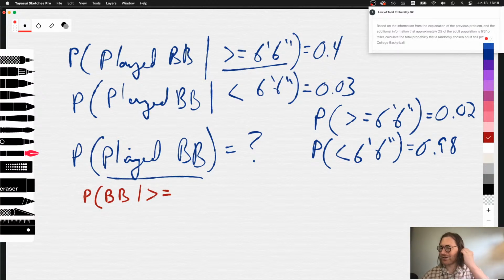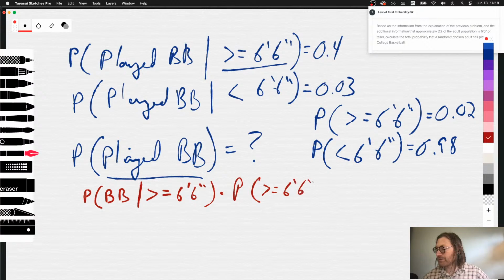That's a little hard to see, but I'll just do the whole thing. Okay, so it's going to be that multiplied by the probability of playing basketball, which is 0.02. The probability of being taller than 6'6", right? So this is the probability of being greater than or equal to 6'6".